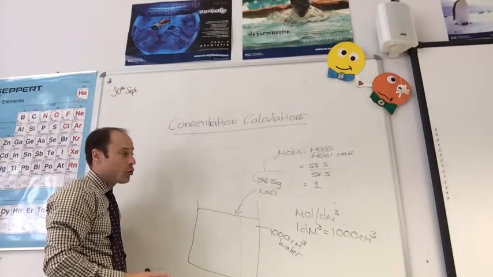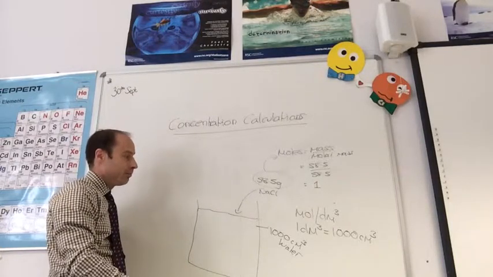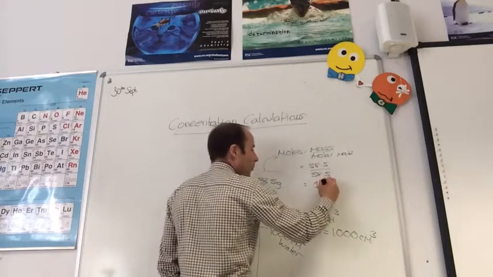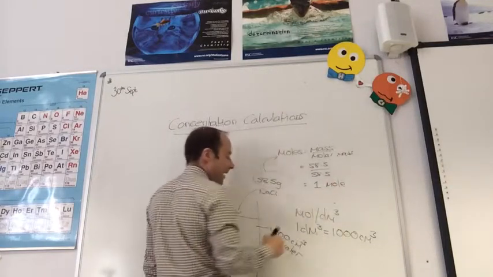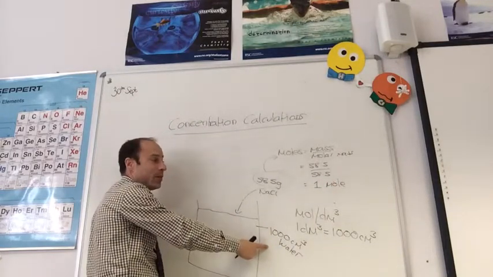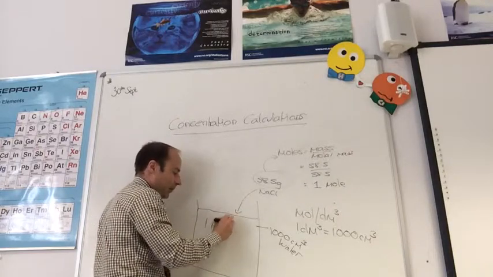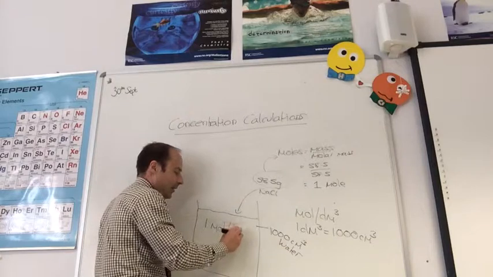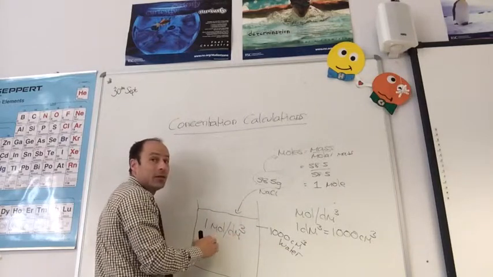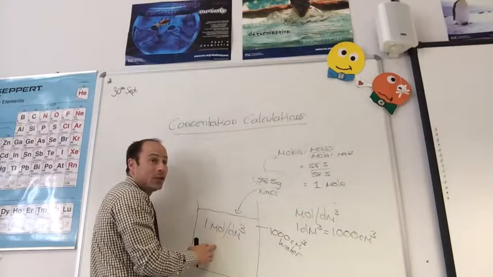So my concentration for this solution, I've got 1 mole in 1,000 centimeters cubed. I would write the concentration as being 1 mole per decimeter cubed. And that's how I'd represent the concentration.